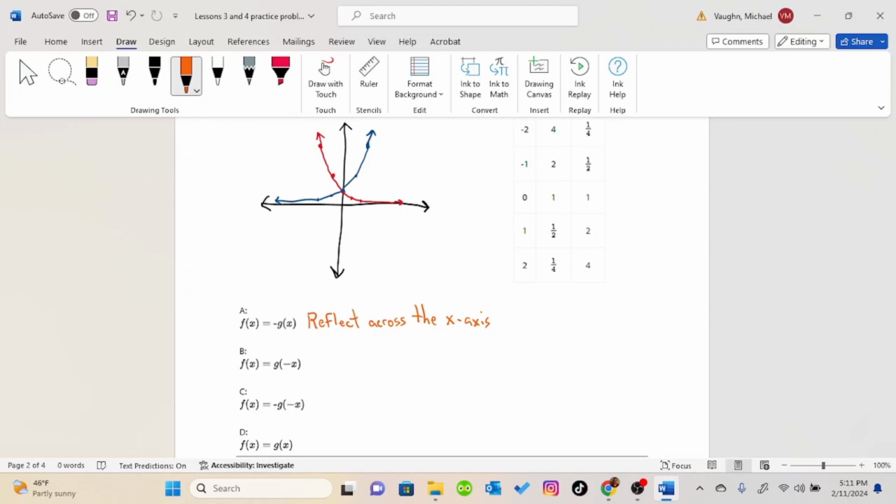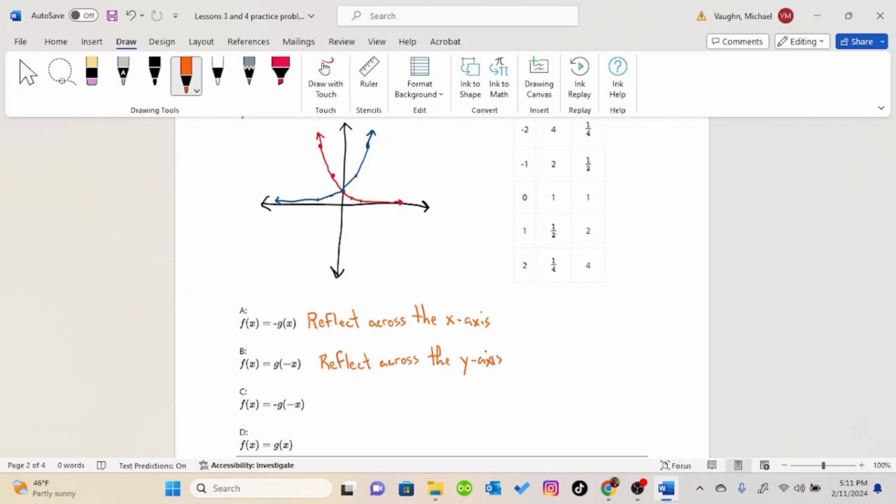So now we can look at B. We have the negative inside the parentheses with the x. This is what it looks like when we reflect across the y-axis.